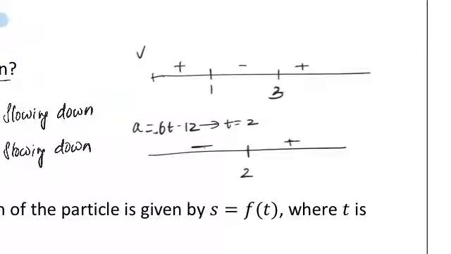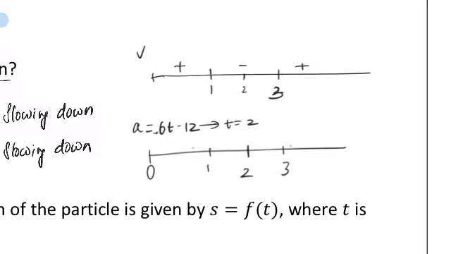So what we're finding is that you can now compare the signs of the two quantities, right? So we'll have to actually draw this a little bit better. If I put 1 and 3 on my acceleration chart and my velocity chart, you'll see it better.